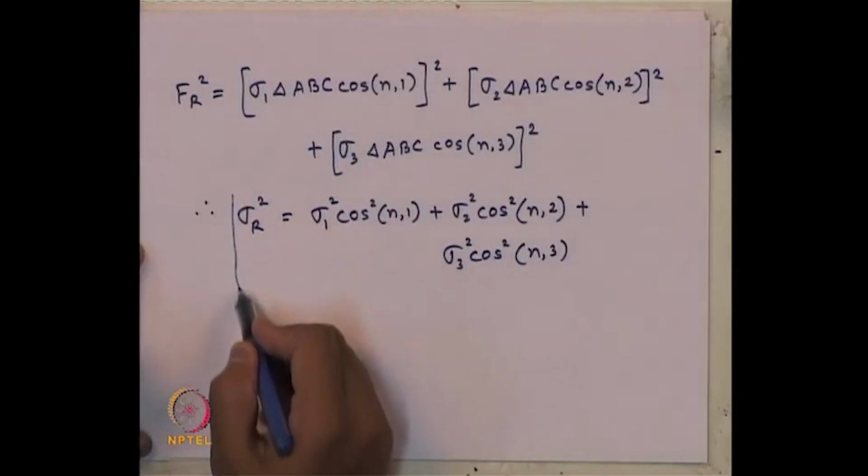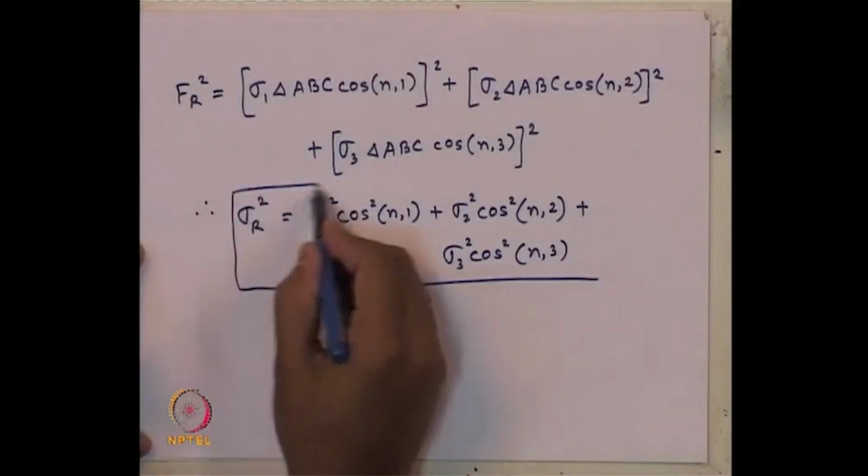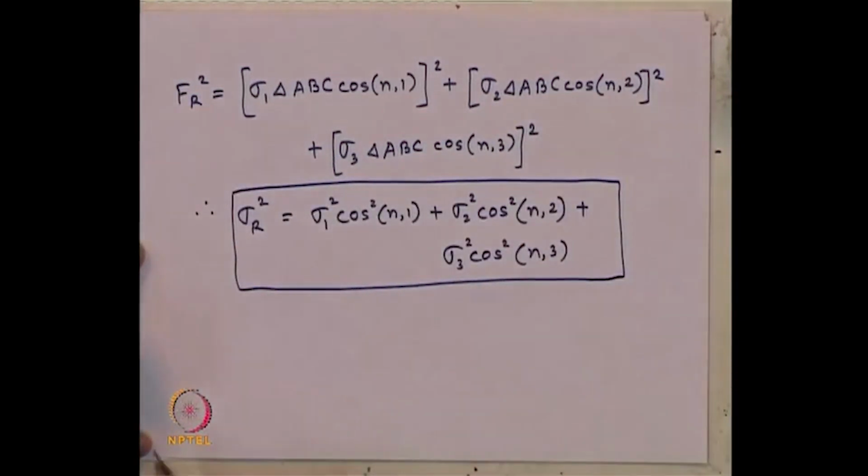This is another relation we can obtain. So, two relations we got, and we need three relations to draw the Mohr circle, because we have to obtain the three centers of the circles.